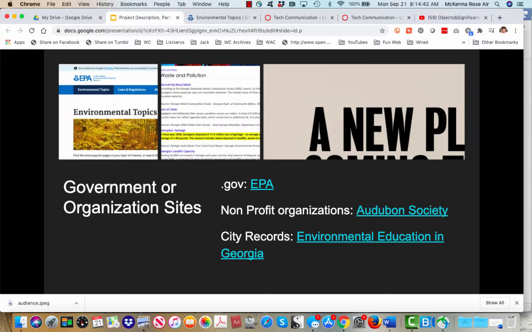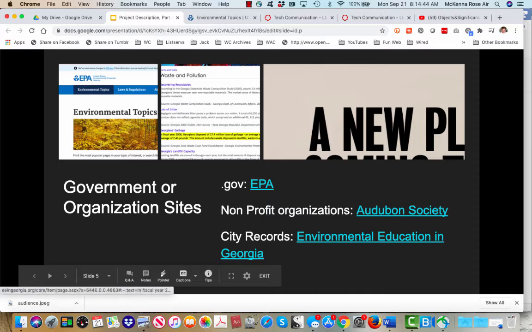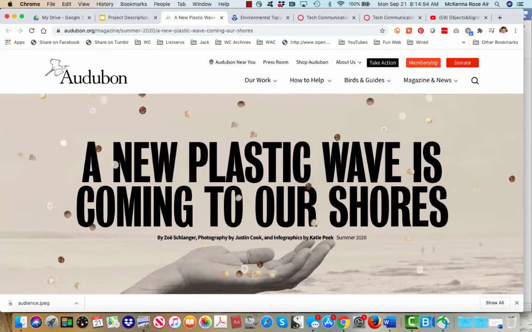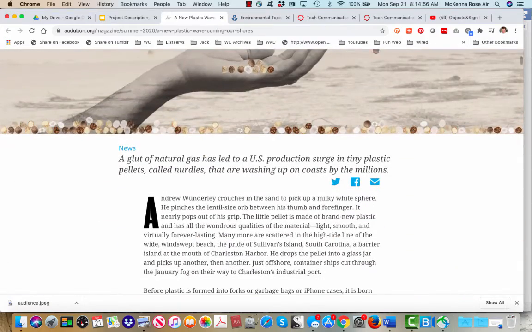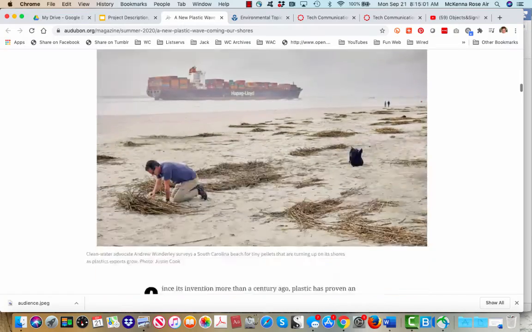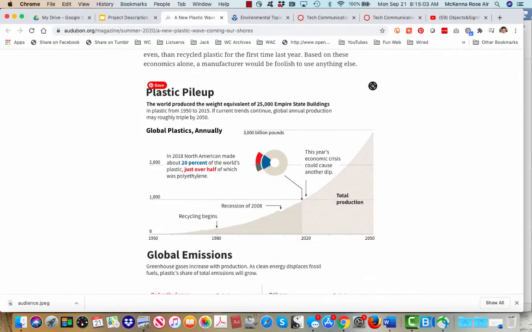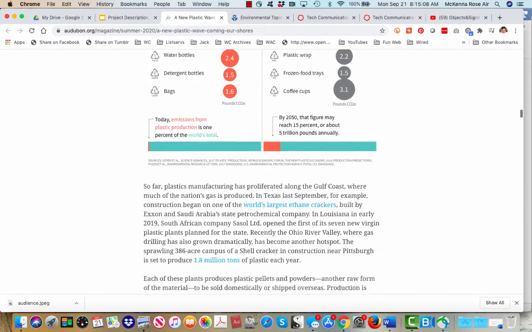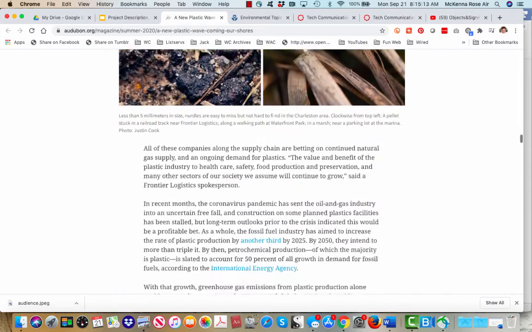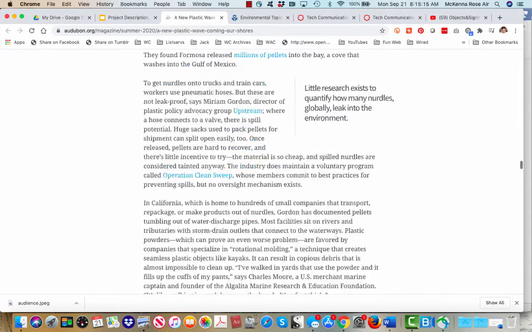In addition, you might want to think about nonprofit organizations like the Audubon Society, the Sierra Club. So here's the essay on plastics. That is both public facing, but also includes reference to scholarly produced or government agency produced sets of information.